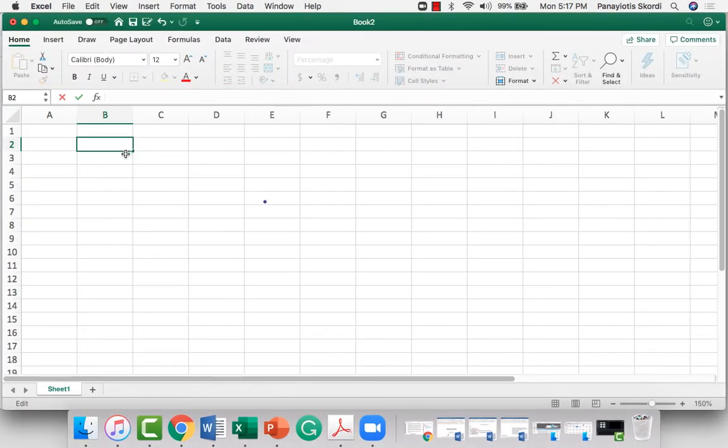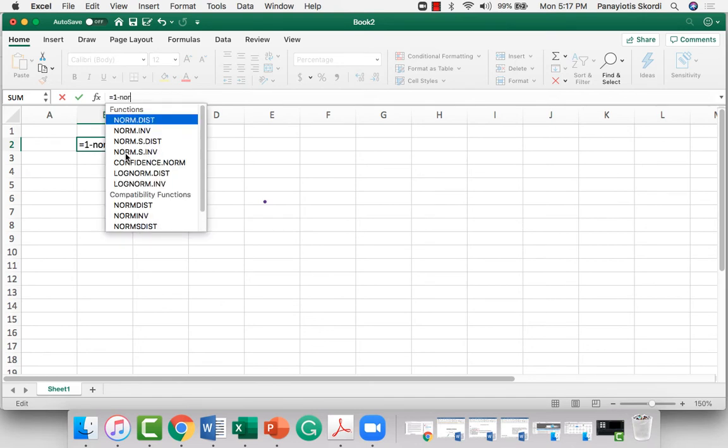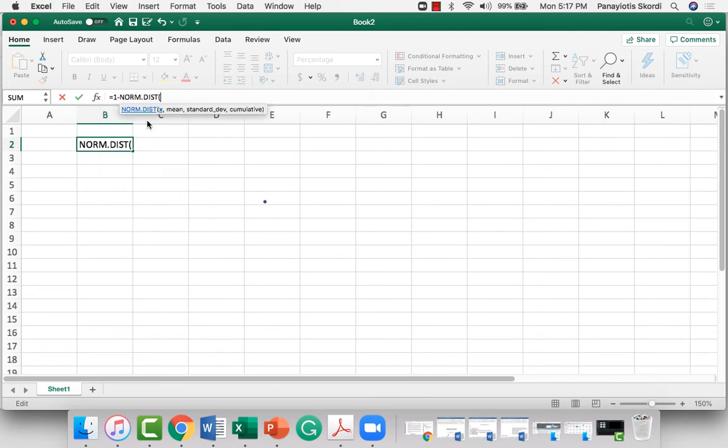So let's do equals 1 minus norm.dist. And we said that the x value, or x bar value in this case, is going to be 440. The mean is 400. The standard deviation, or standard error as it's called for this type of distribution, is 20, and 1. Remember, the 20 is the 40 divided by the square root of 4.